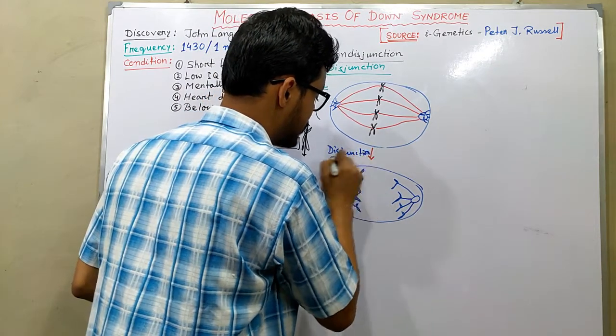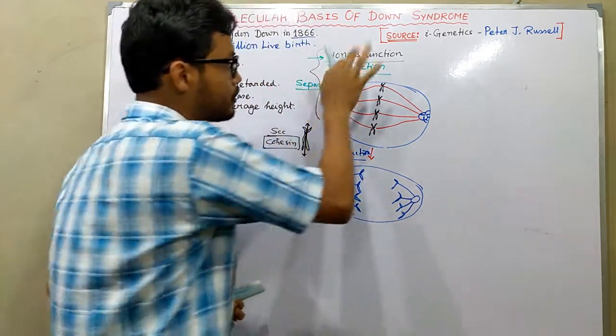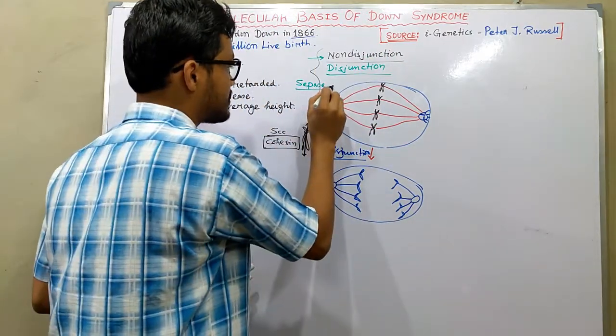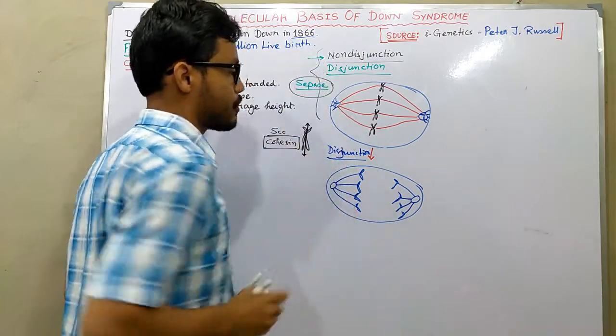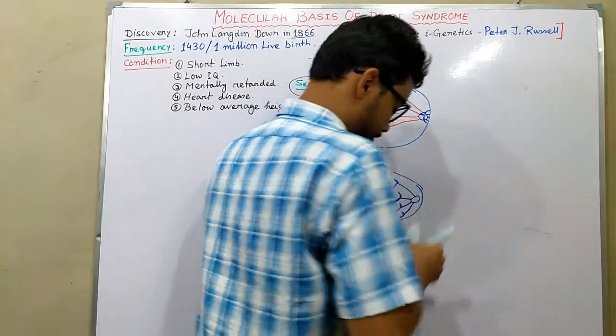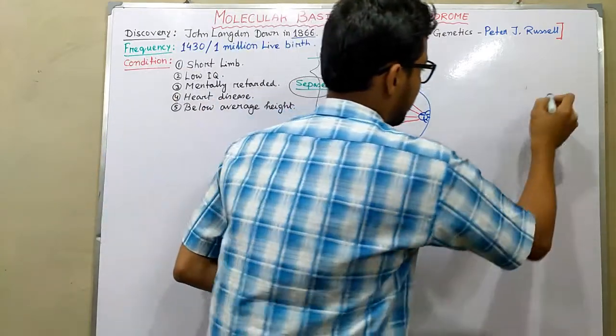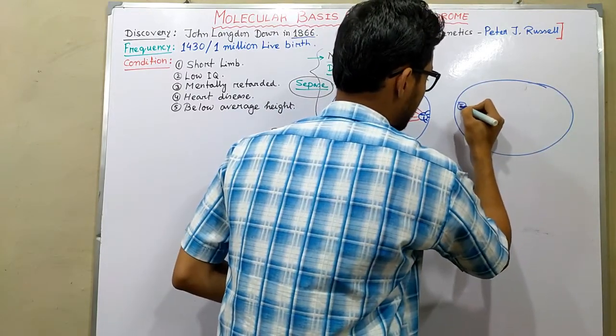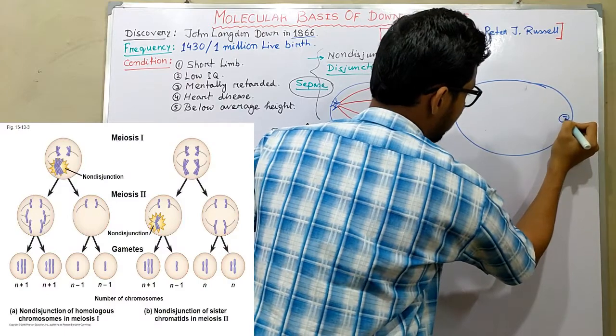So this is the disjunction condition. So what about non-disjunction? In case of non-disjunction, the enzyme separase doesn't work properly, and it results in non-disjunction of the chromosome. And here, the non-disjunction is of chromosome number 21.